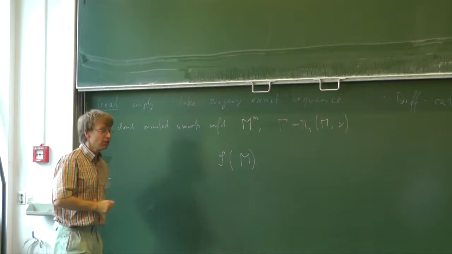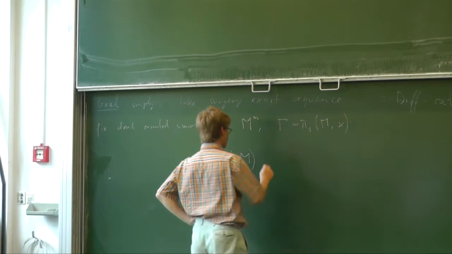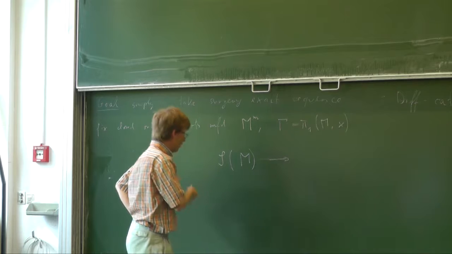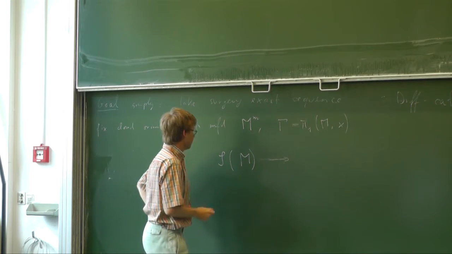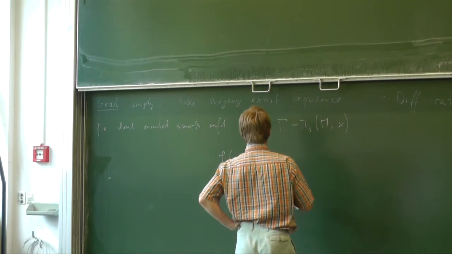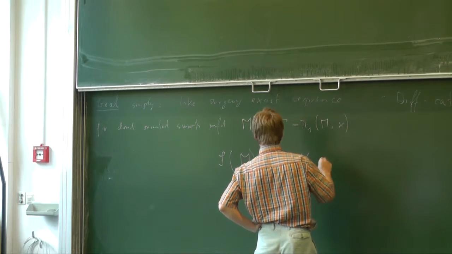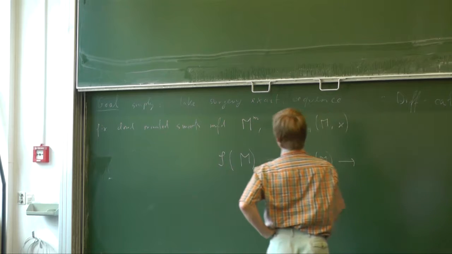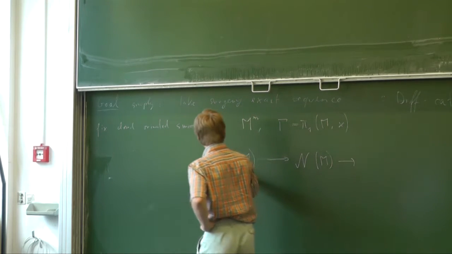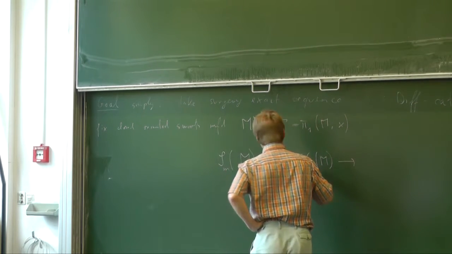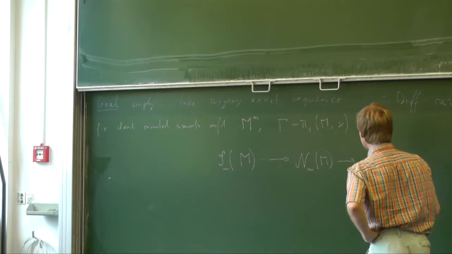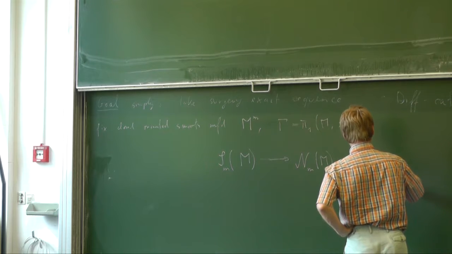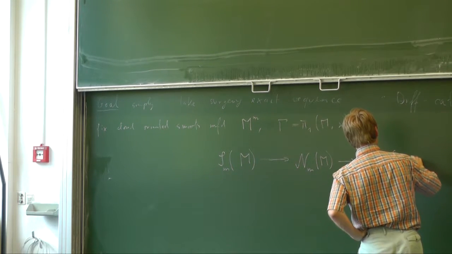So let's skip that too. Understand this: the surgery exact sequence tells us something about this in terms of the normal invariants for M. And let me put the dimensions here instead of Diff, and the L group, of course, geometrically defined.